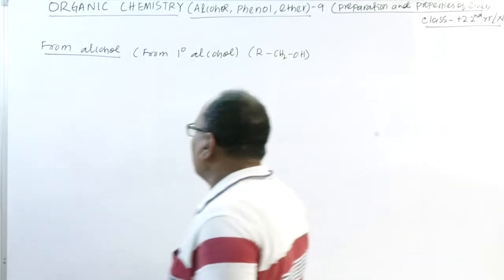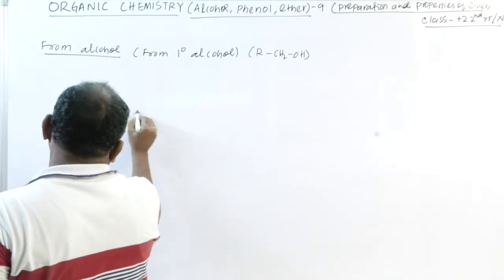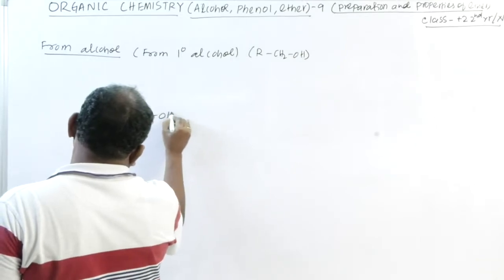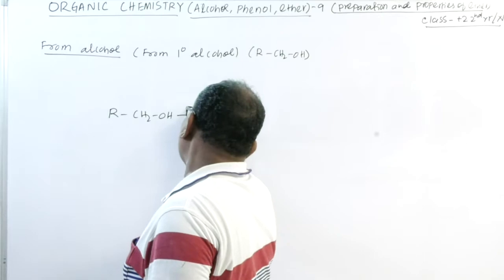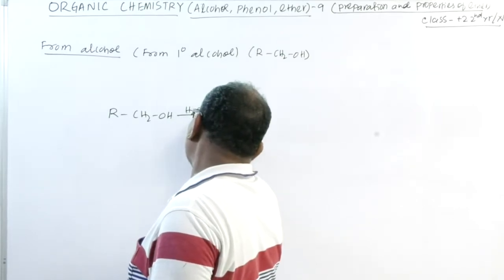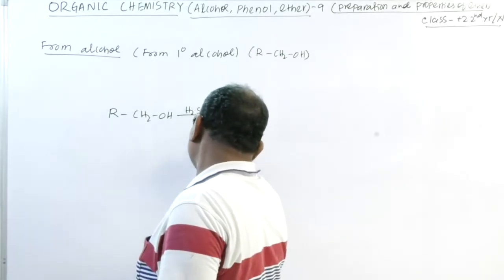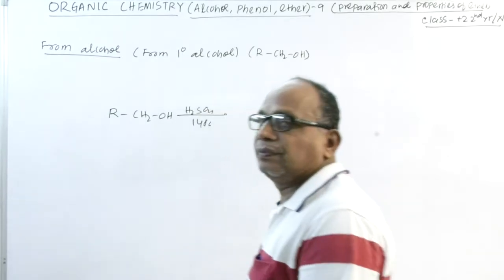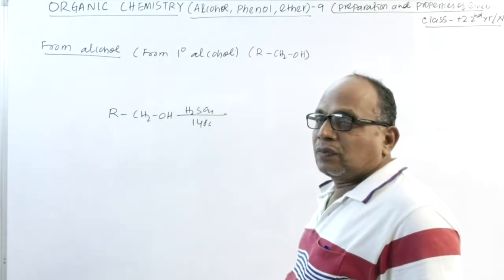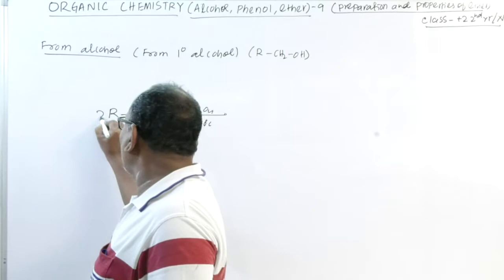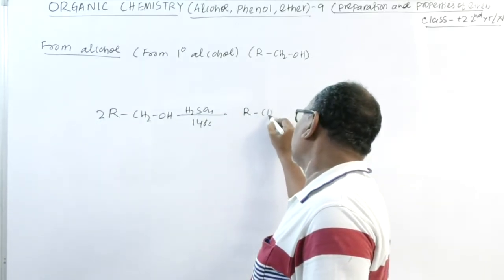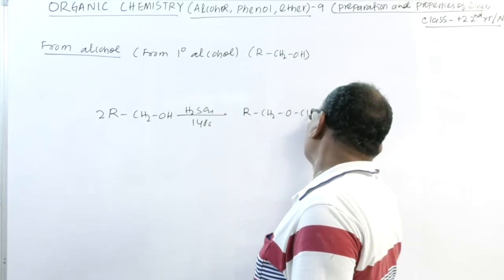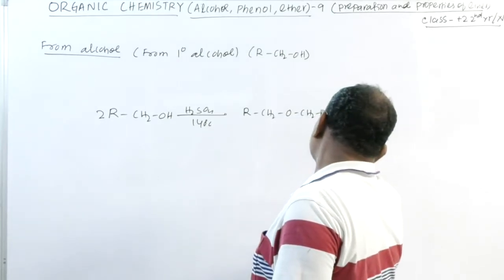When primary alcohol is treated with sulfuric acid at about 140 degrees C, you take two molecules of the starting material and it gives ether, RCH2OCH2R plus H2O.